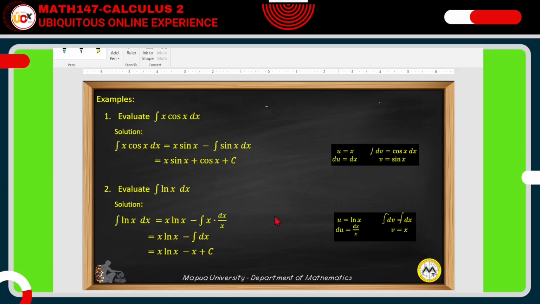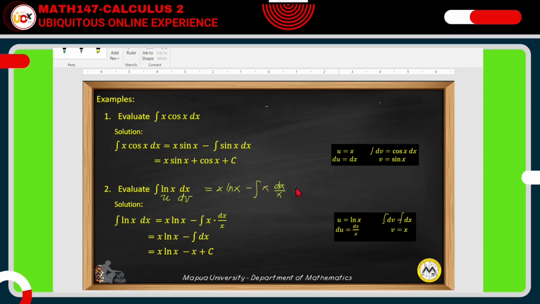Following the formula, the integral of u dv, where u is natural log of x and dx is your dv, is equal to the product uv, where v is x, times the natural log of x, minus the integral of v du, where v is x and du is dx over x.